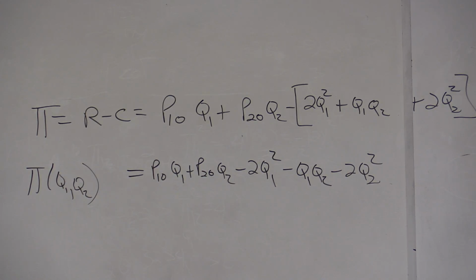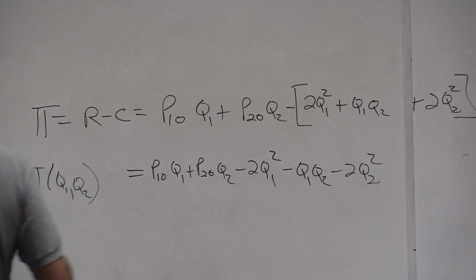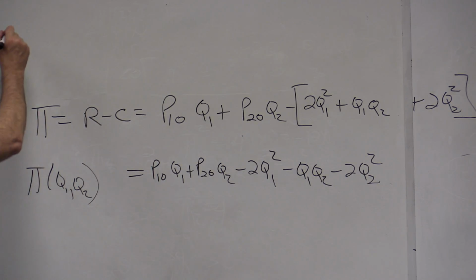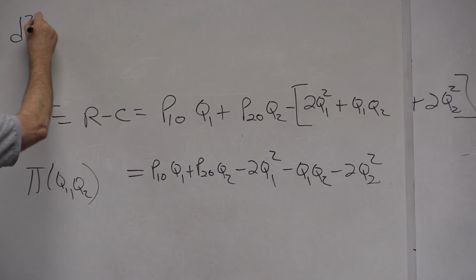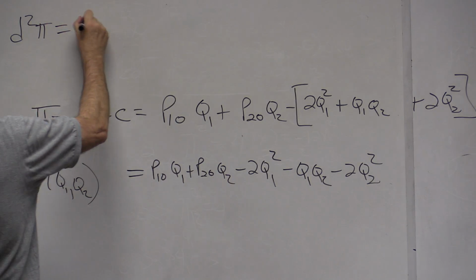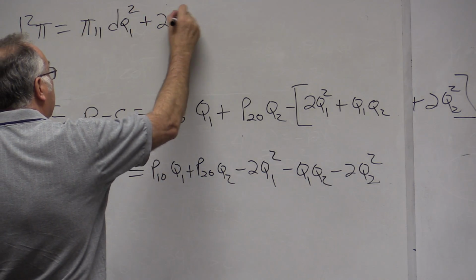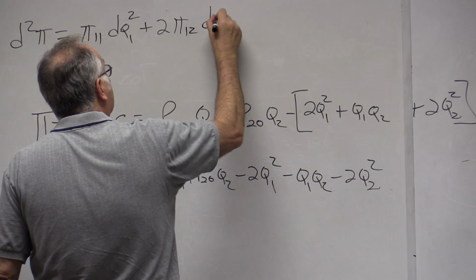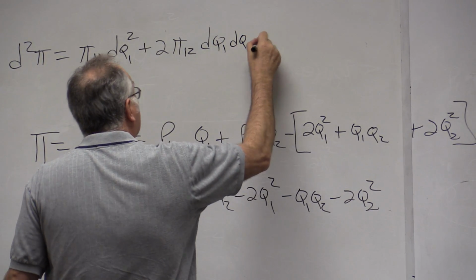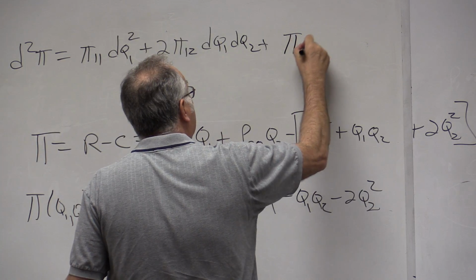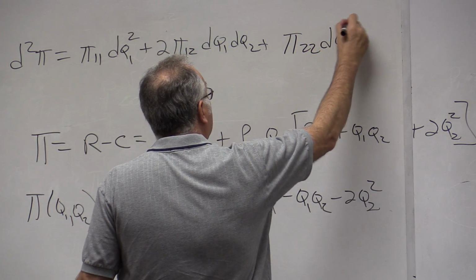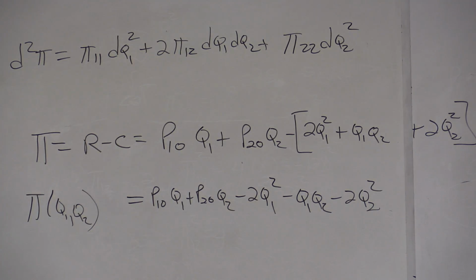I'm not sure, actually. Okay. Second order total differential. Okay. And the second order total differential, since this is a function of Q1, Q2, is always just this. So what do we need next?